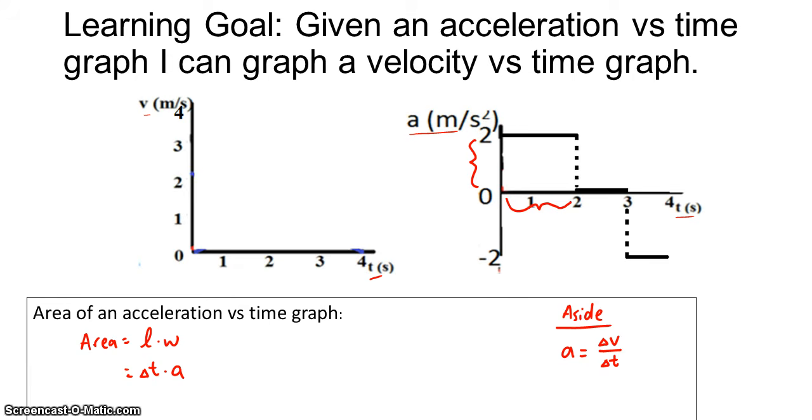So if we rearrange this equation and multiply both sides by time, these two will cancel, and what I'm left with is change in velocity is time times acceleration.